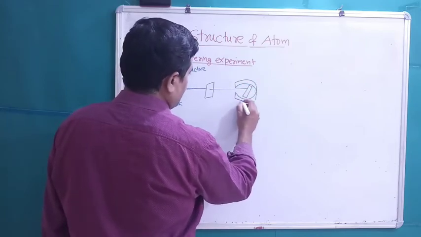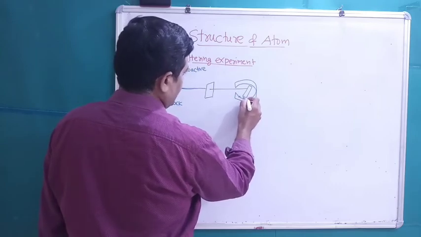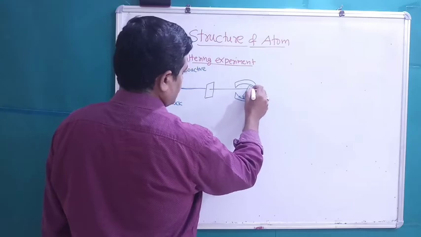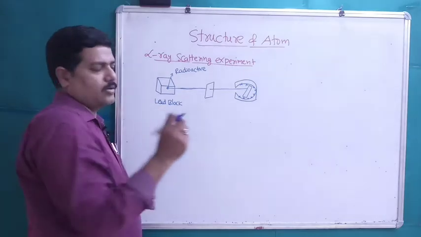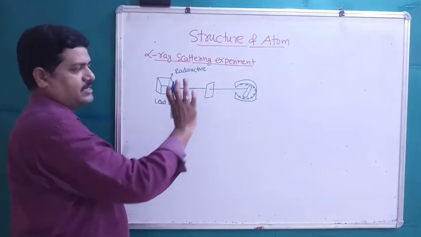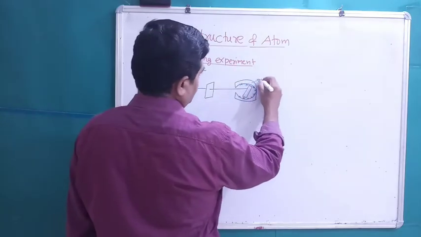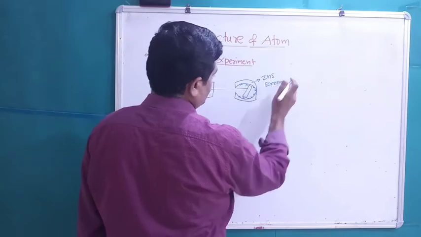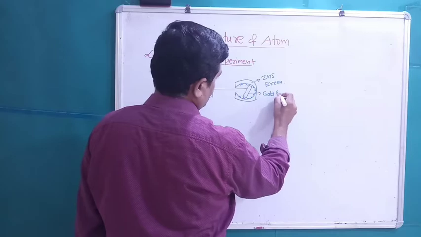When an alpha particle strikes this zinc sulfide screen, it makes scintillations, a tiny spark that we can observe. This is the zinc sulfide screen, a fluorescent material, and this is the gold foil.